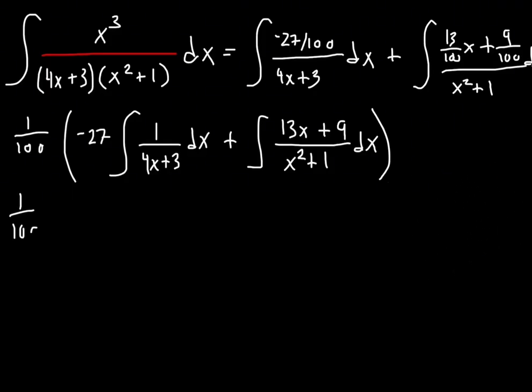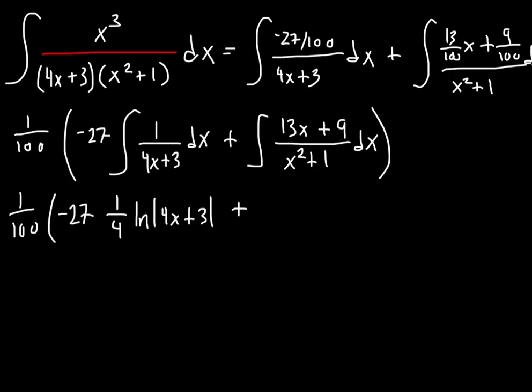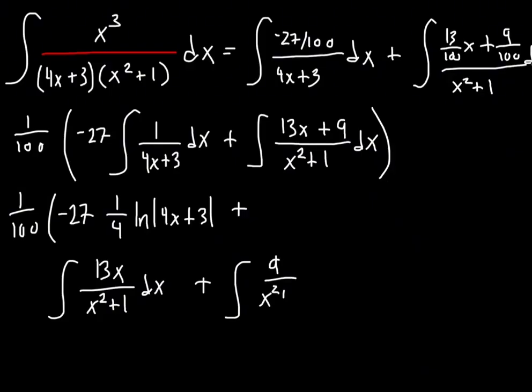So the integral of 1 over 4x plus 3 dx is simply going to be 1 over 4 times ln with an absolute value of 4x plus 3 plus, and now for this thing I'm going to split this into two integrals. So like integral of 13x over x squared plus 1 dx plus integral of 9 over x squared plus 1 dx.